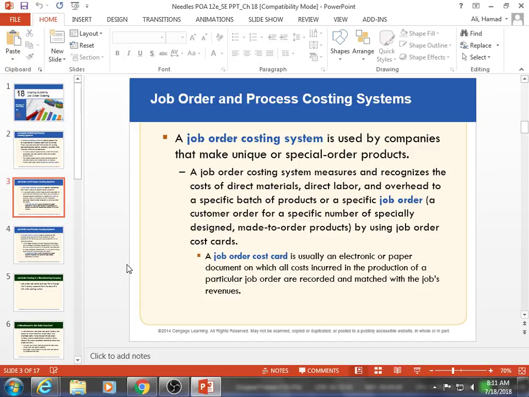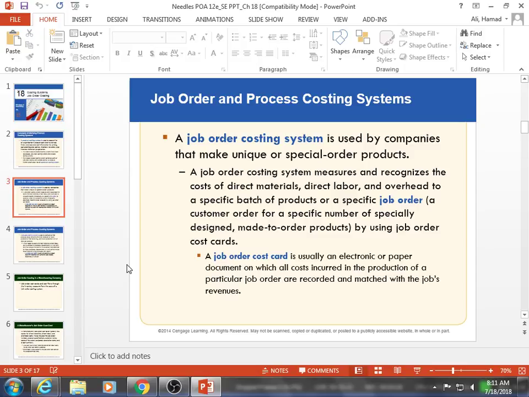All right. If you are making cups with a logo on them, a Texas College logo, that becomes job order costing. But if you are just making the foam cups that you produce on a mass level, that's process costing. So we're going to look at the costing system where you make unique products.